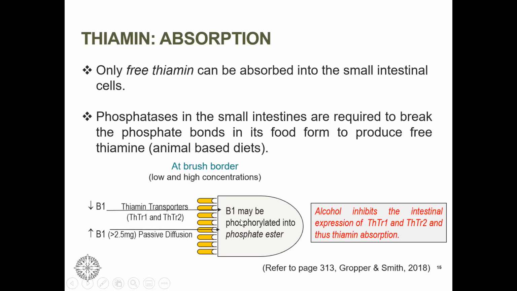Then when it gets inside the intestinal cell, thiamine can be phosphorylated. Alcohol is known to inhibit expression of THTR1 and 2. That's why they say chronic alcoholism can interfere or can increase demand for all the water-soluble vitamins.